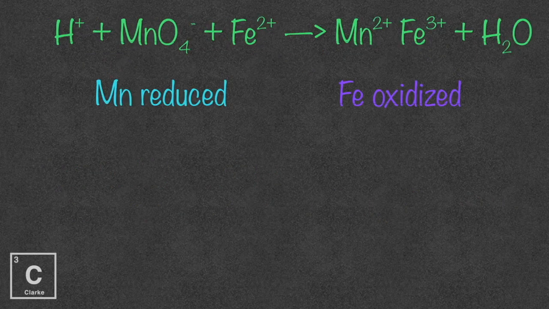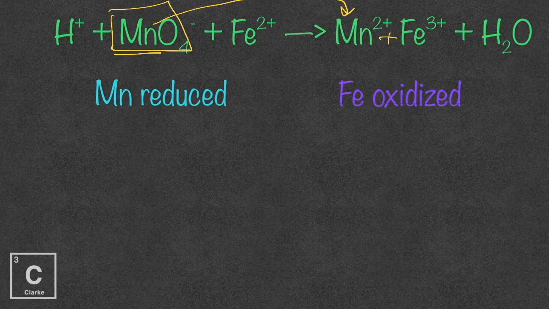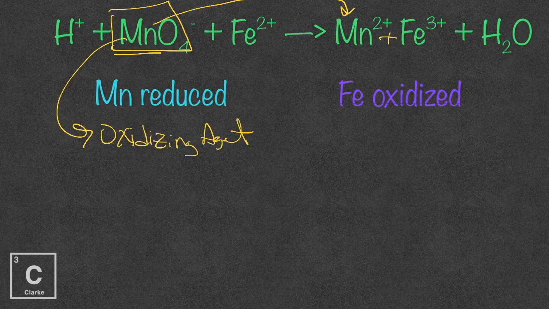So if we go back to our reaction, we just said that manganese was reduced and iron was oxidized. So since in this process here, manganese is being reduced, this reactant would be considered the oxidizing agent.